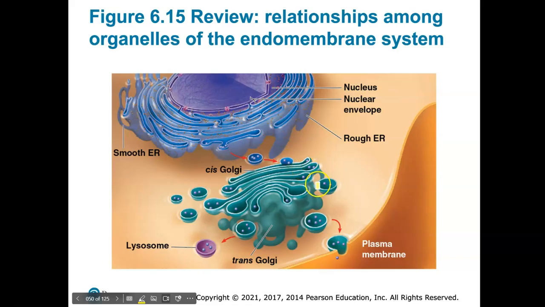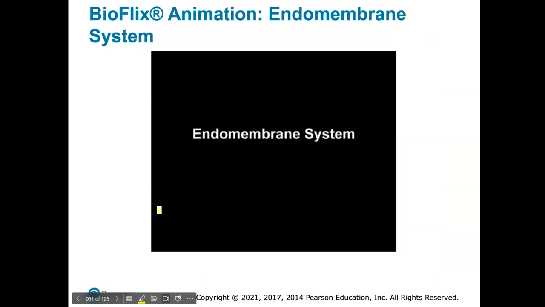The Golgi packages those products again into transport vesicles after modifying the products. And those transport vesicles can be sent to the plasma membrane and secrete the product outside the cell, or maybe that vesicle becomes a lysosome, and the lysosome stays inside the cell until it's needed to digest something.